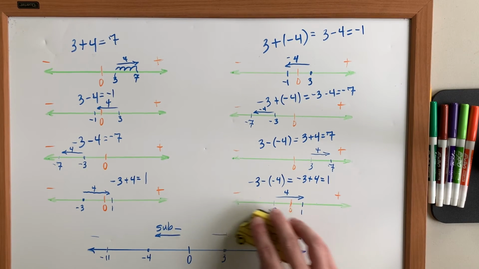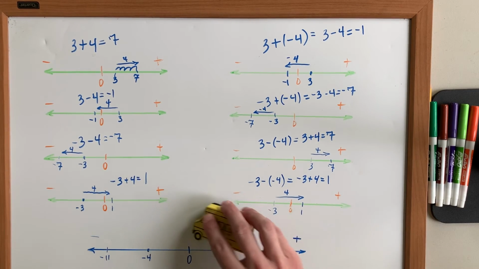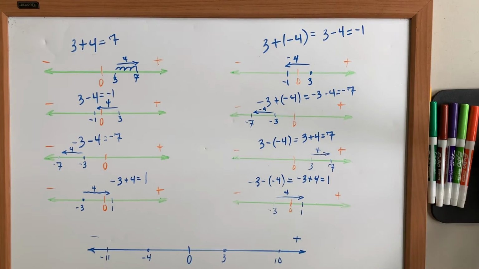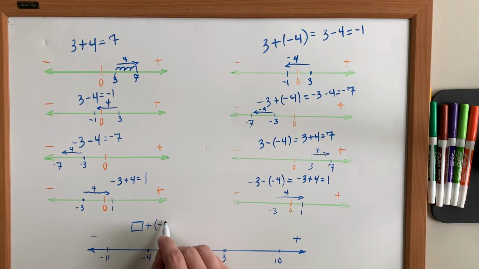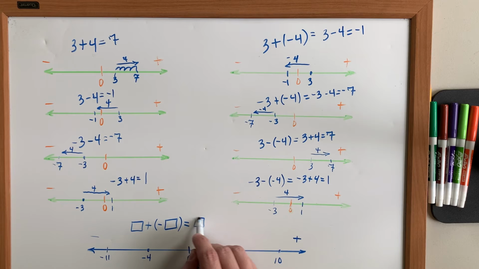Let's go ahead and make a little bit more space here and summarize what we have learned. What I'm going to do is draw a box, and you can put any number in this box that you want to. And if I say plus the opposite of another number, this means any number plus the opposite of another number, well, we can rewrite this a little bit simpler as a number, take away the other, okay?